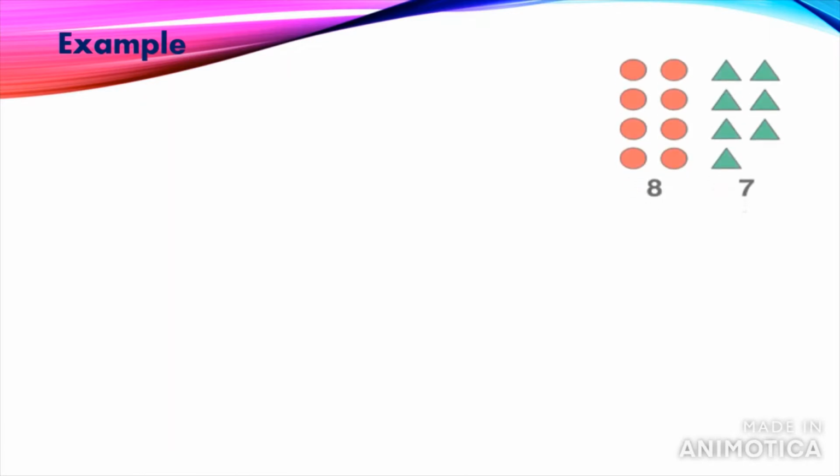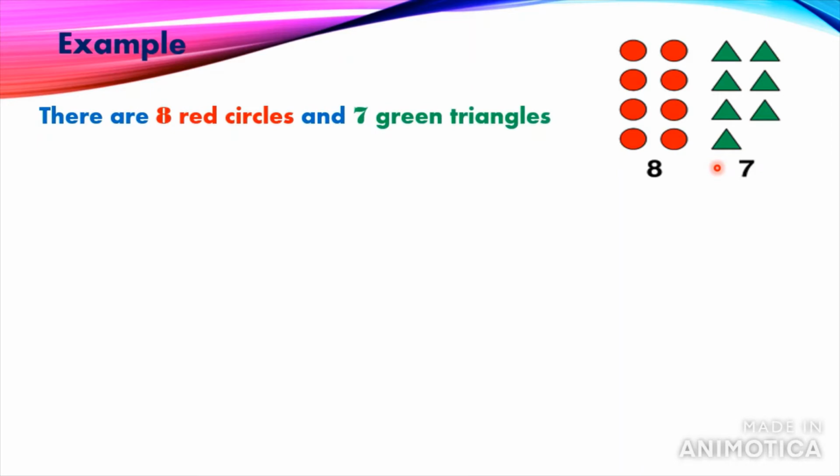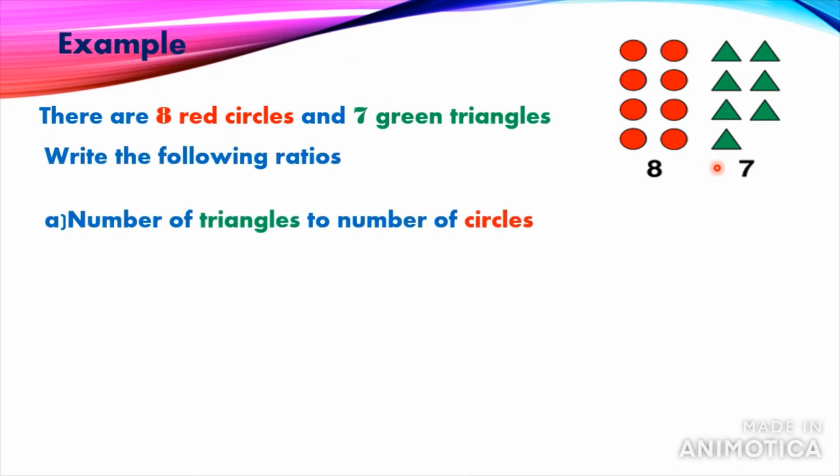So let's solve an example. Here I have 8 red circles and 7 green triangles. If I want to find some ratios between these 2 shapes: first, A, number of triangles to number of circles.